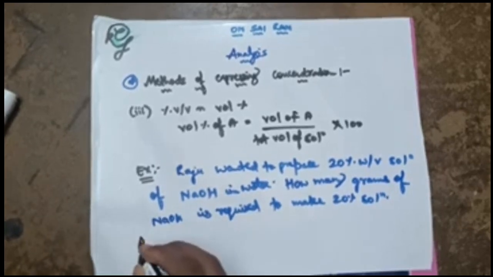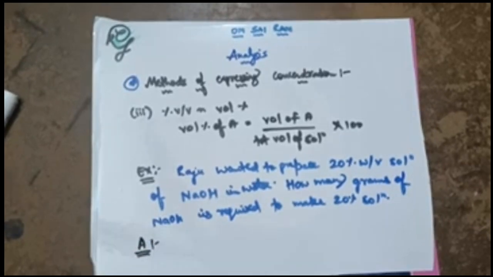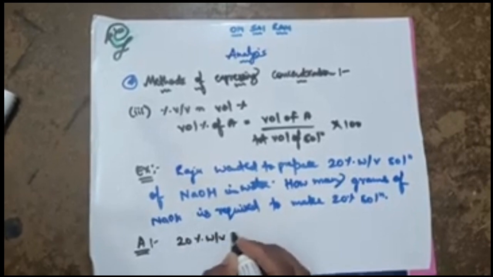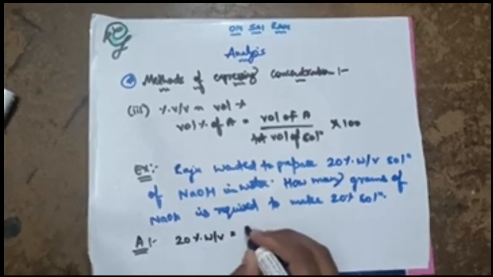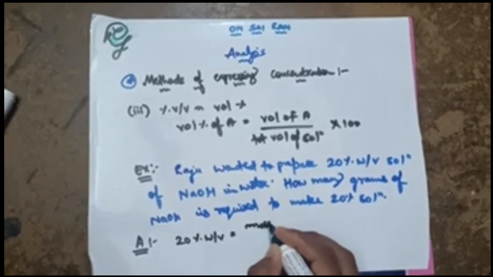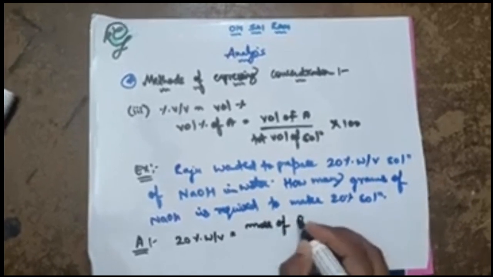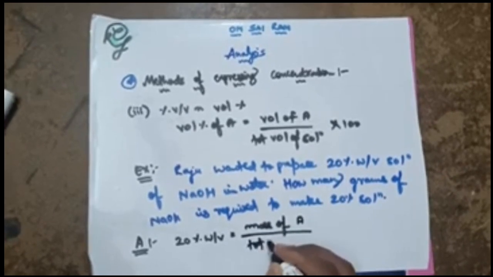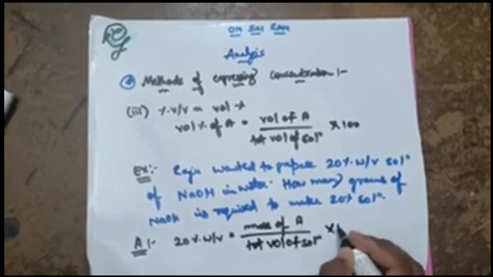Solution. What have they given? They have given 20% weight by volume. The formula is mass of A by total volume of solution into 100.